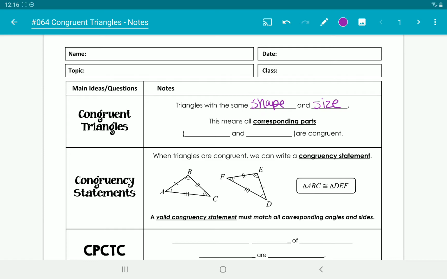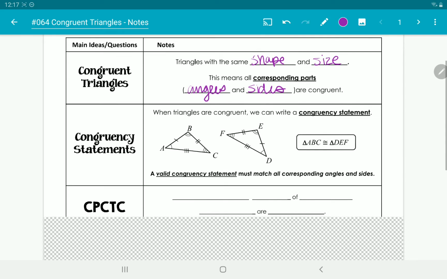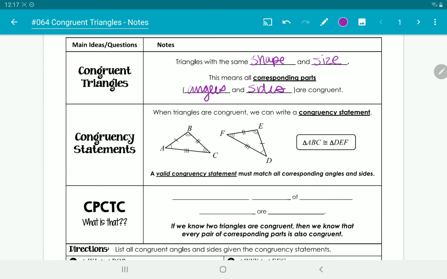This means that all the corresponding parts, so both the angles and the sides, are congruent to one another. So for example, if you have a triangle like this, so A, B, and C are marked with different angle marks, 1, 2, and 3, and then each of the sides are marked. So if you flip this one over the other way and put it on top of this one, they would be the same.